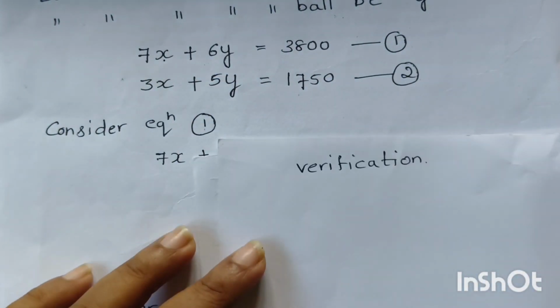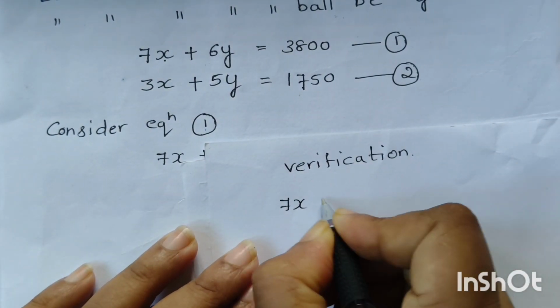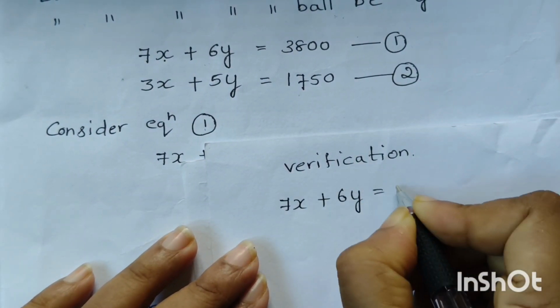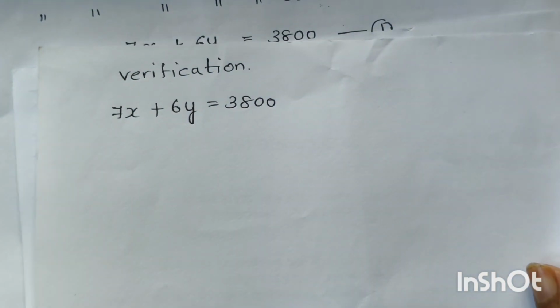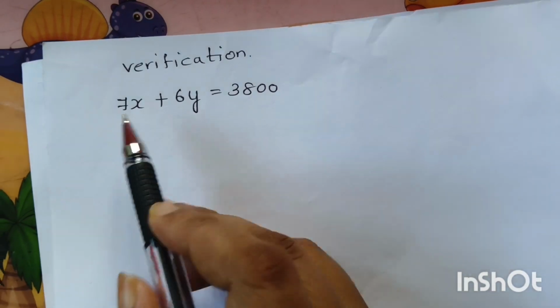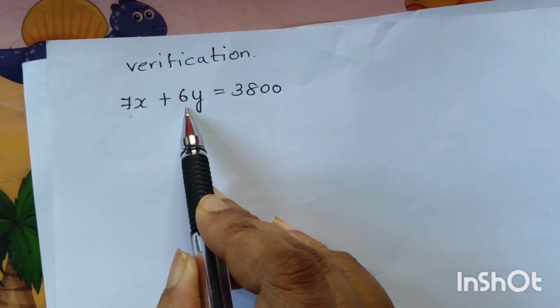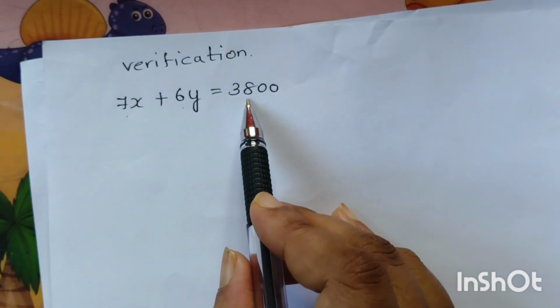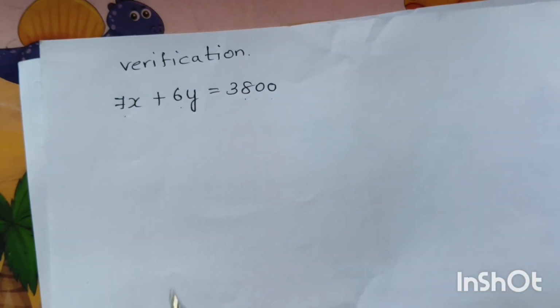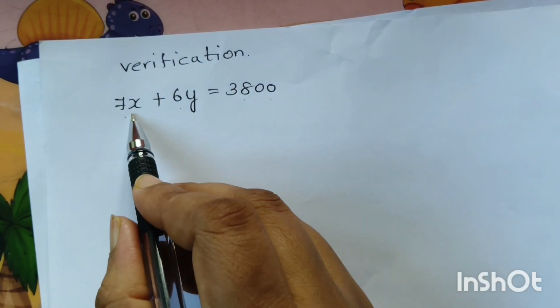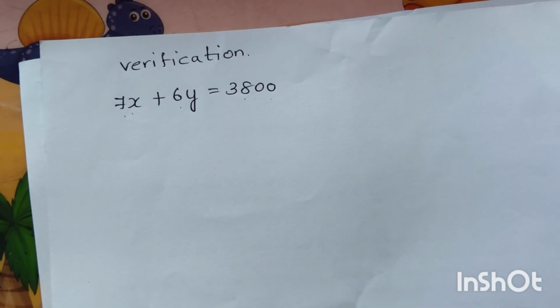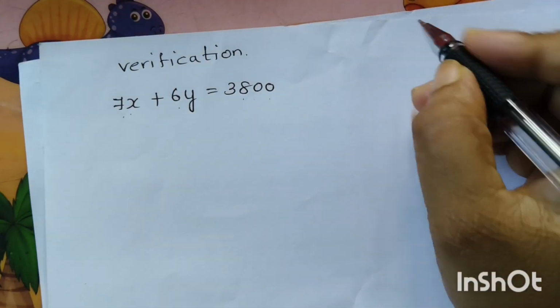7x plus 6y is equal to 3800. Means the cricket coach, what will he do? He will purchase 7 bats and 6 balls, and he will pay 3800 rupees to the shopkeeper. Then in the solution we got the value of x as 500, right?